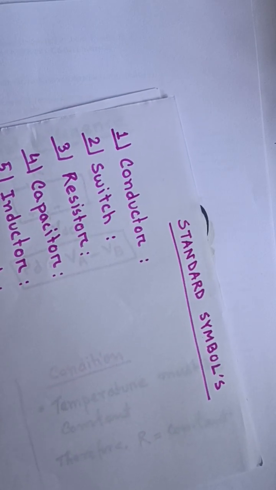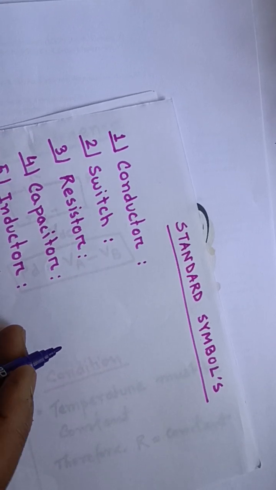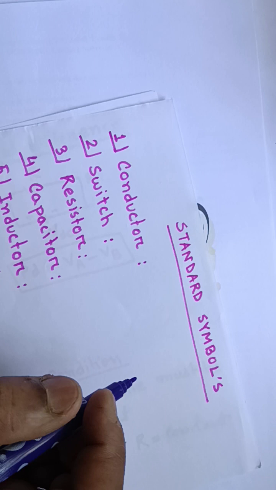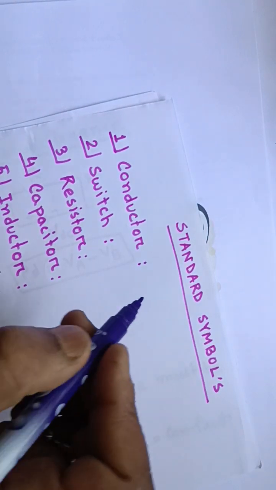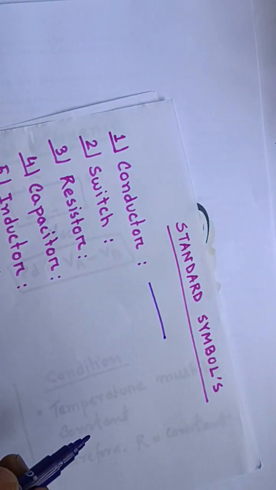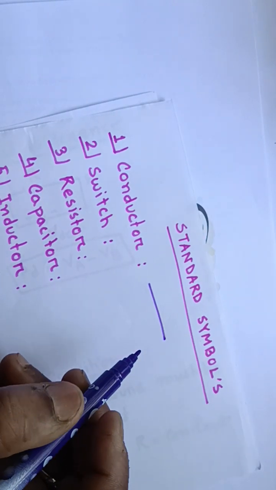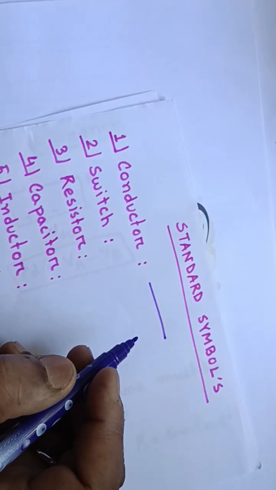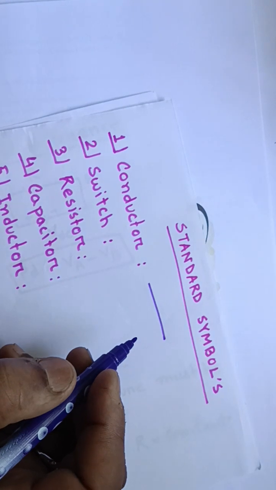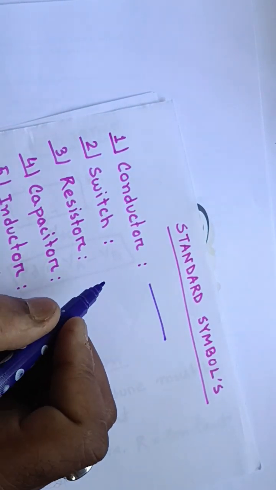First of all, we will start from the basic component, the conductor. How can we represent the conductor in an electrical circuit? The conductor will be a straight line like that. In an electrical circuit, we always represent a conductor using a straight line, right? Secondly, the switch. How can we represent the switch in an electrical circuit?